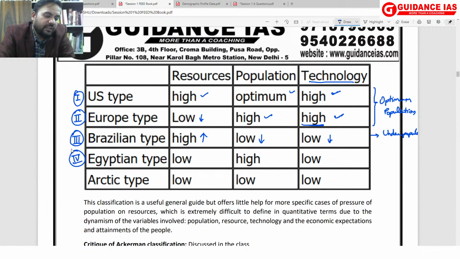In the Egyptian type, resources are low, population is high, technology is also low, so it is an overpopulation scenario. 5th, Arctic type: here resources are low, population is also low, technology is also low, so basically it is an underpopulated region.